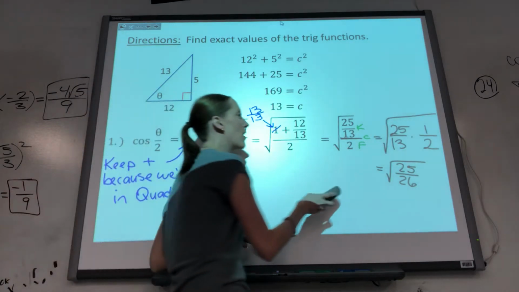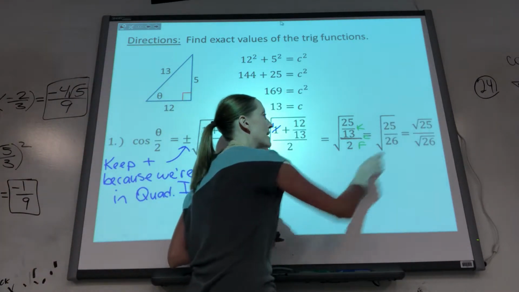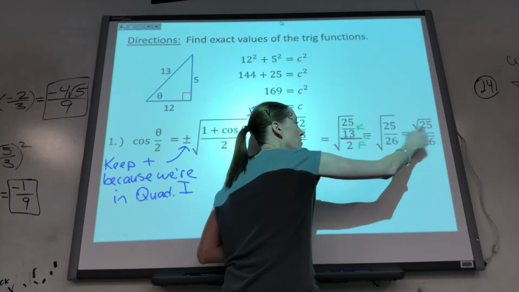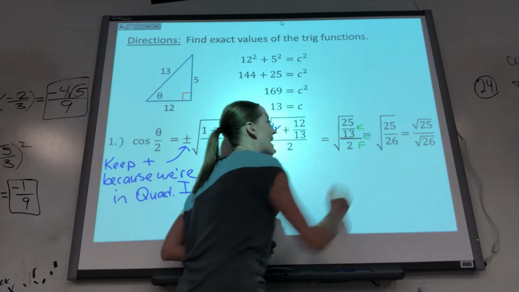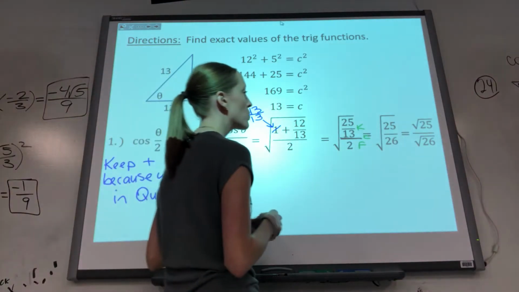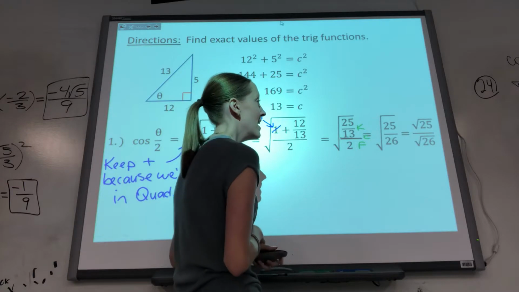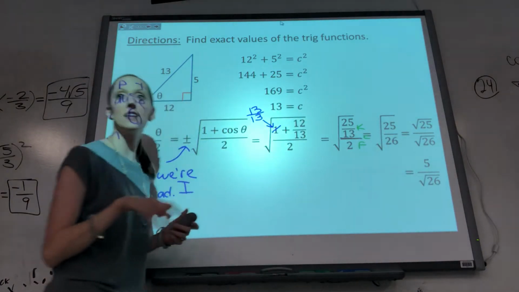The reason we want to simplify this a little bit further is because square root of 25 is nice. Let's break that square root apart. Take the square root of 25 divided by the square root of 26. Now this just becomes a 5 on top.